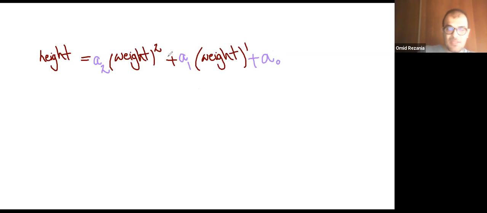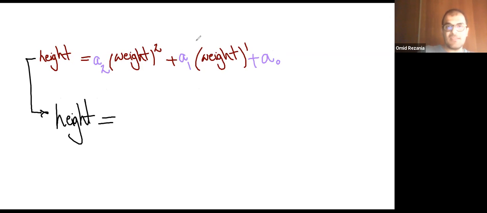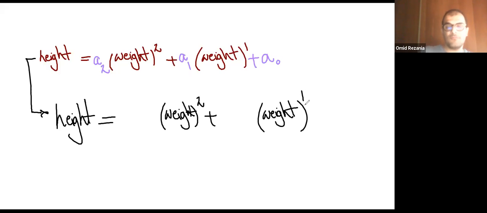Based on the same model, the polynomial that we expressed, or I should say the formula that we had, we extracted that the height is now a function of, let's say, weight to the power 2 plus weight to the power 1.